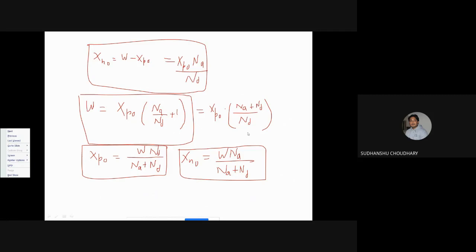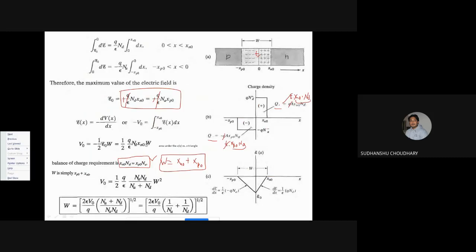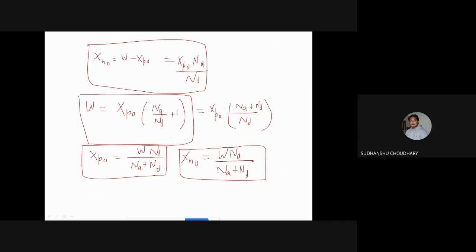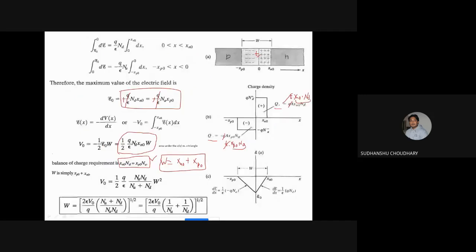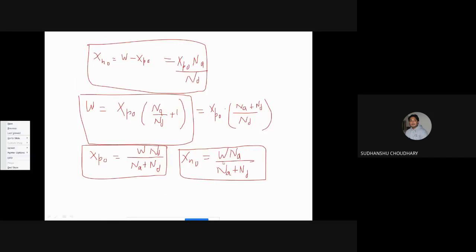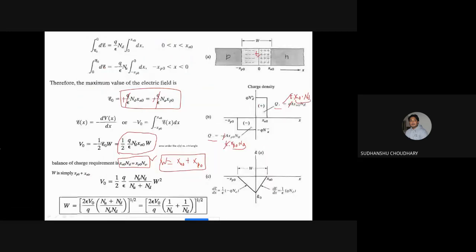So now one can put this relation in this one, here. Here we require Xn0. So Xn0 we can put from here in this relation.